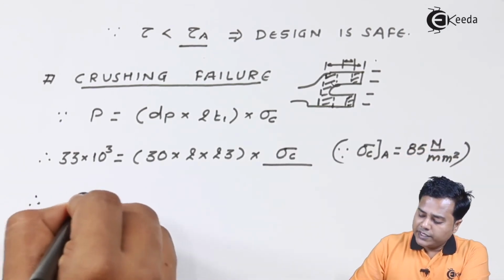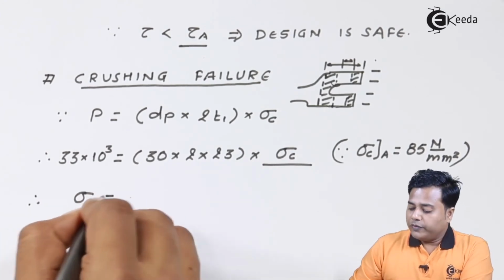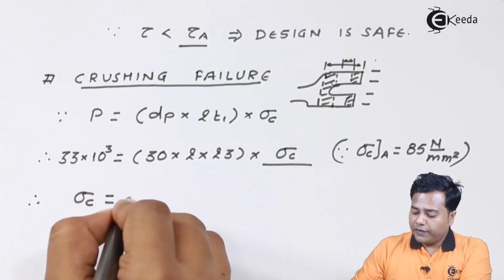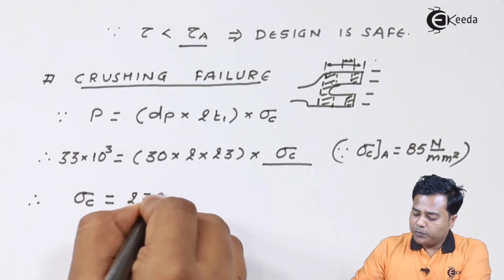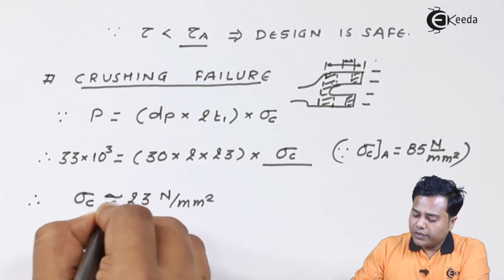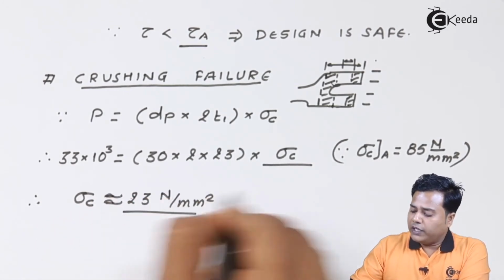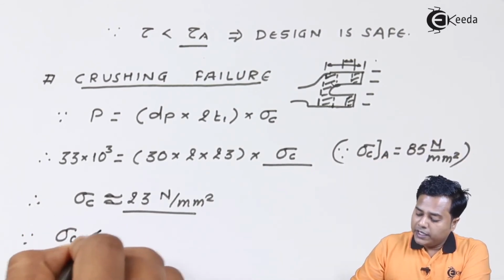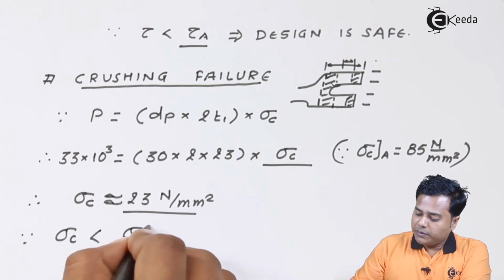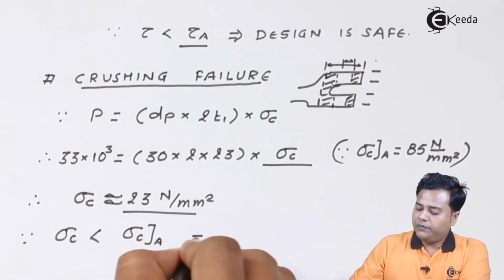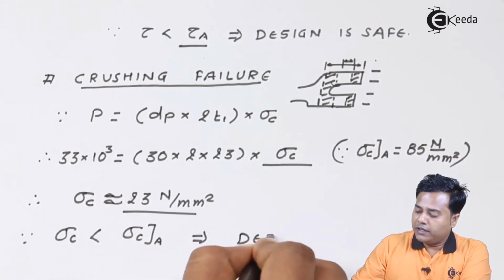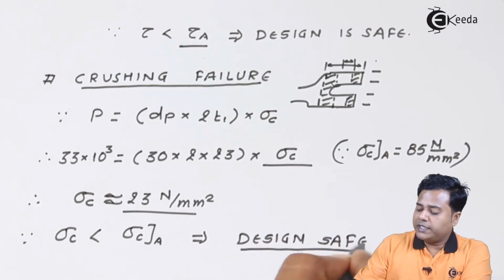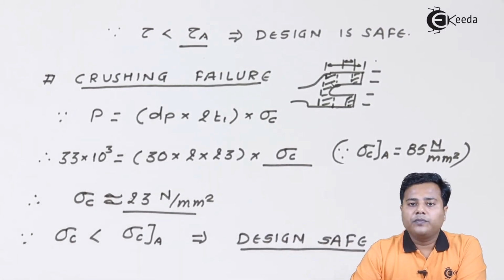When we solve for the crushing stress, we get the value somewhere around 23 Newton per millimeter square. Now it is obvious that this value is smaller than the allowable value. Since sigma c is much smaller than sigma c allowable, this design is again safe, but this time it is safe under crushing.